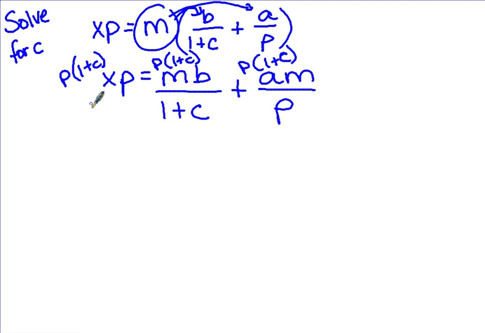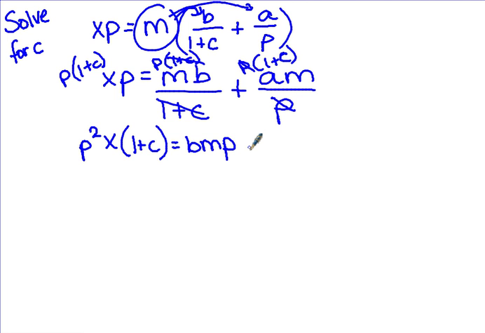If I distribute this p, I'm going to be left with p squared x times 1 plus c is equal to bmp plus am plus acm. I went ahead and distributed that through.